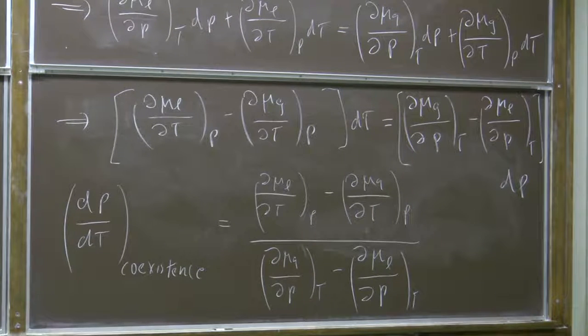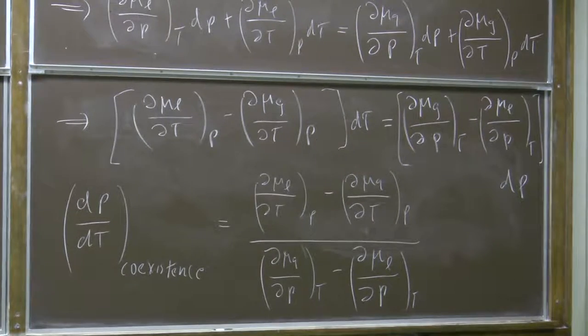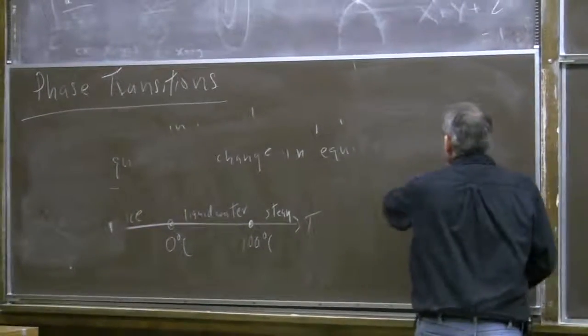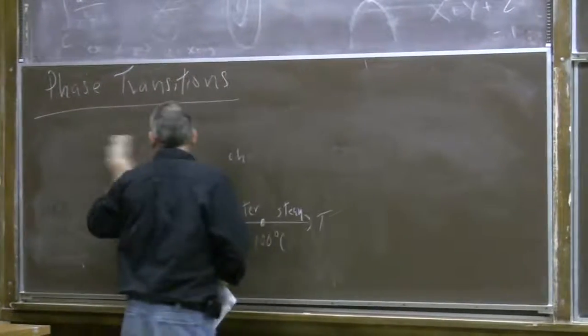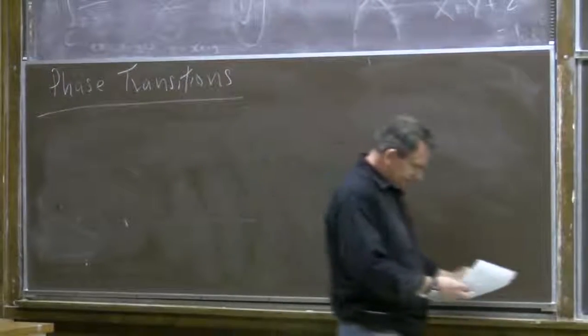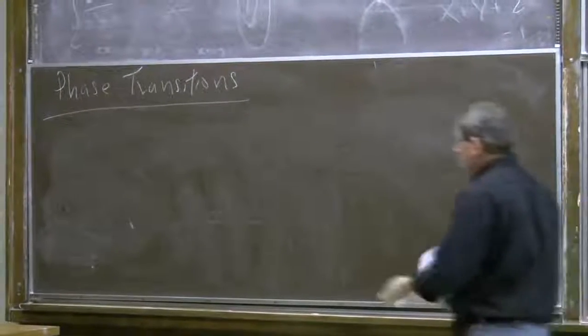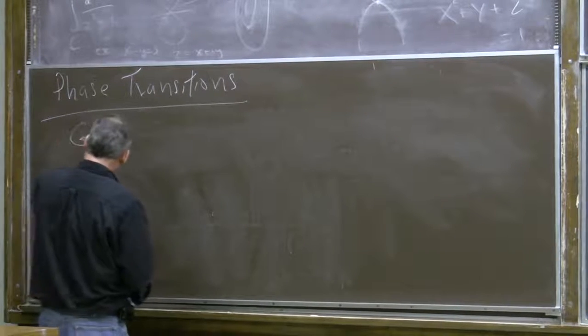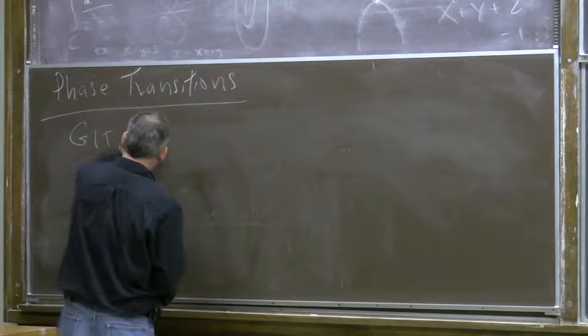Satisfied by Gibbs free energy. So we have one species here, let's say water molecules, which can be in either the gas or the liquid phase. The Gibbs free energy is a function of temperature, pressure, and particle number.